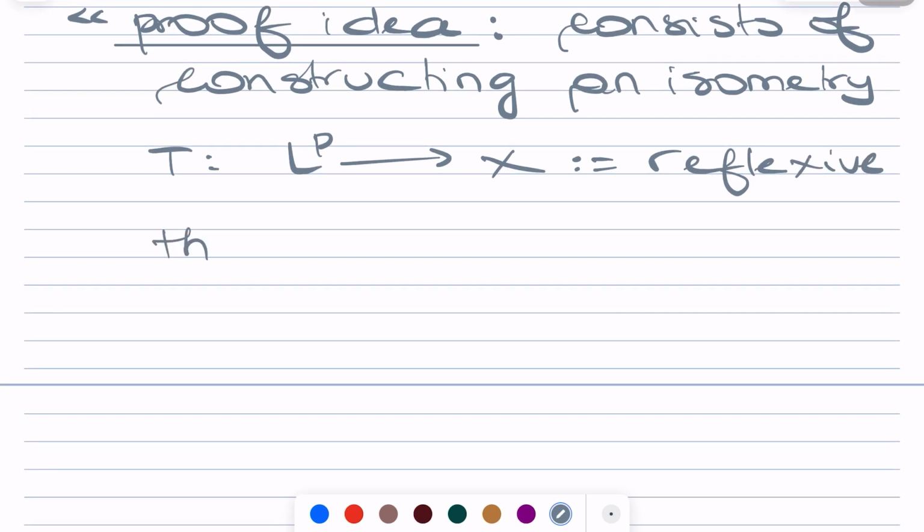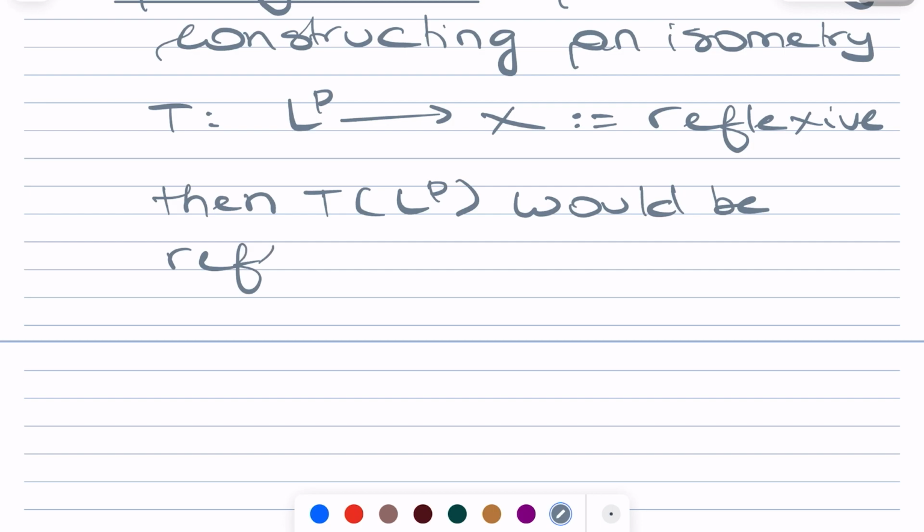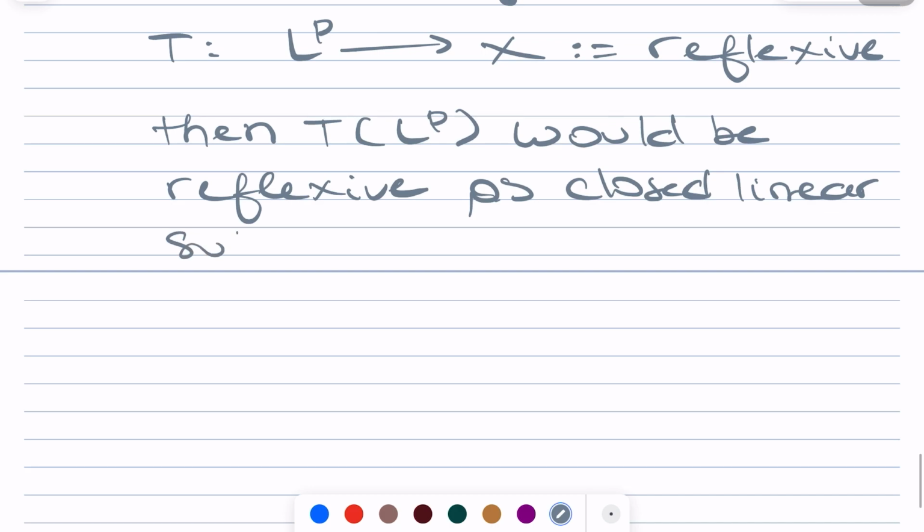Then T of LP would be reflexive, as a closed linear subspace of a reflexive space.